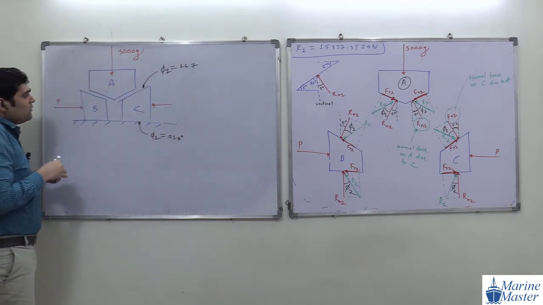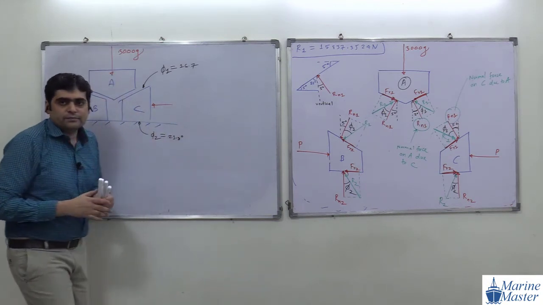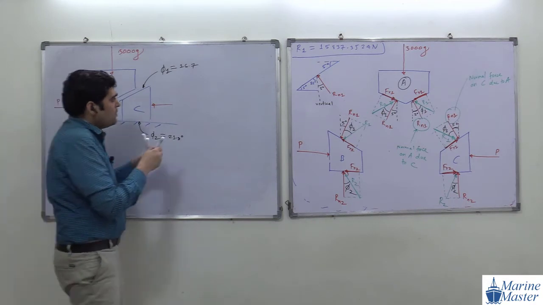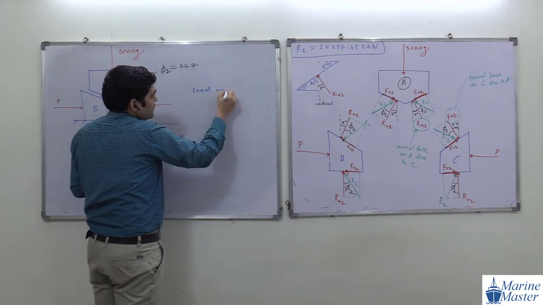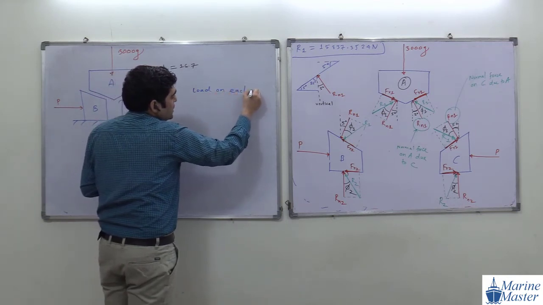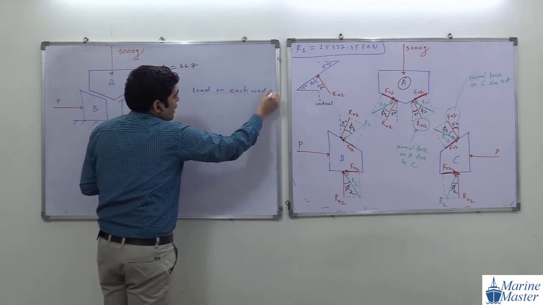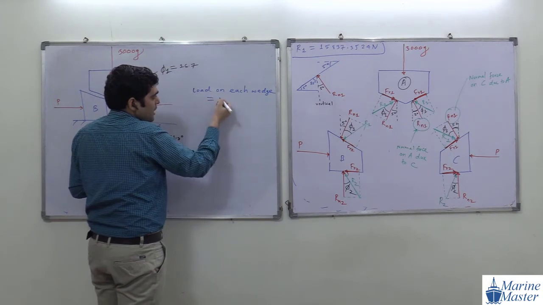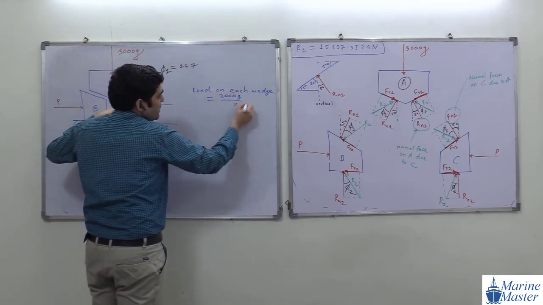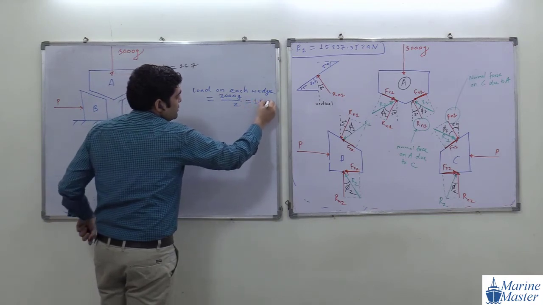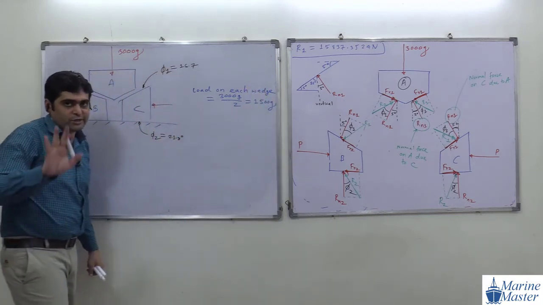Now what will be the load on each wedge? 1500 G, that is 3000 G divided by 2. So the load on each wedge will be equal to 1500 G.